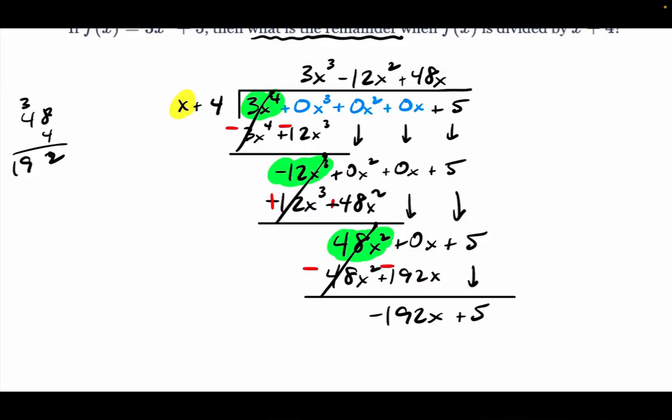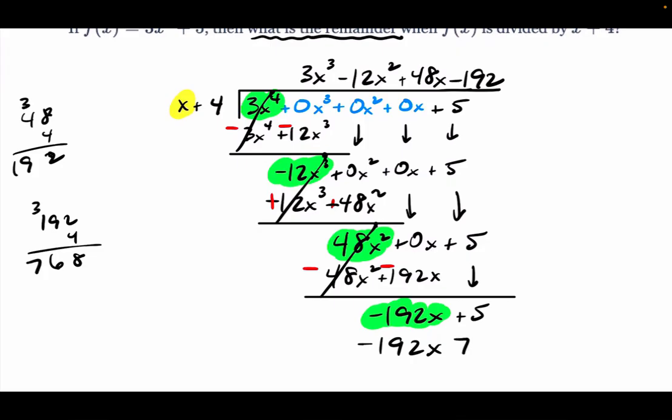One more time. Negative 192. Let's see, 192 times 4, 768. Negative 763.